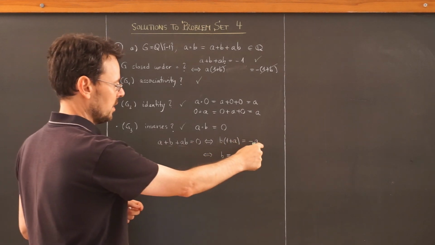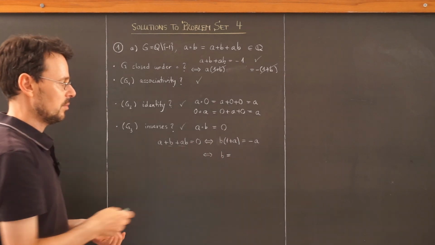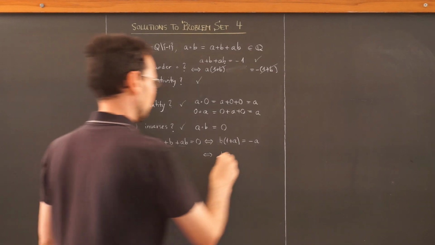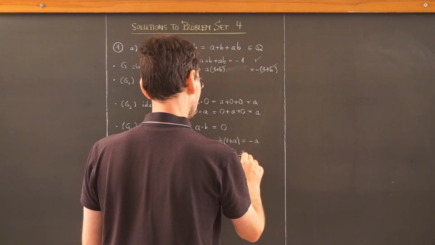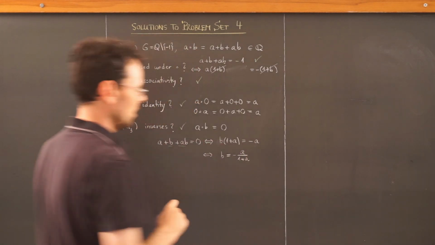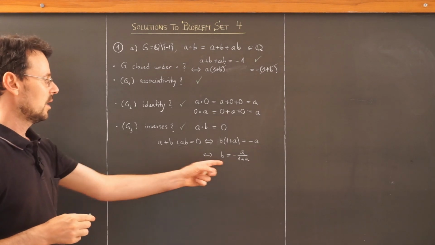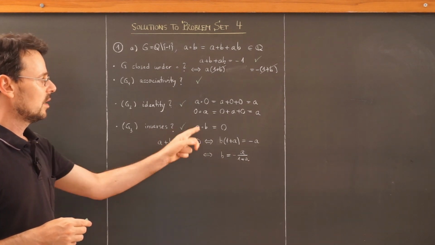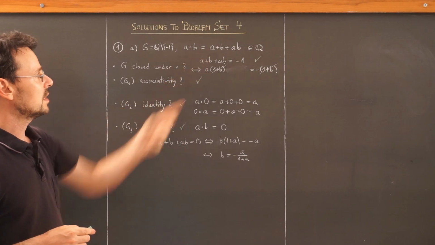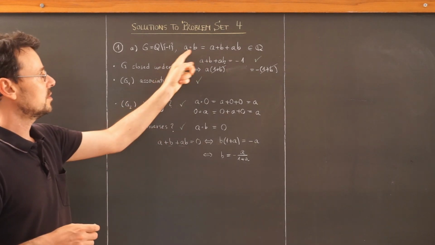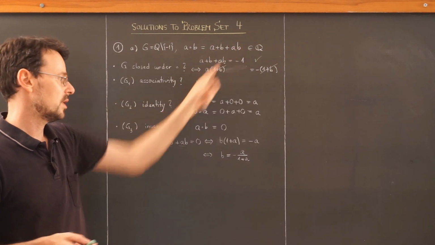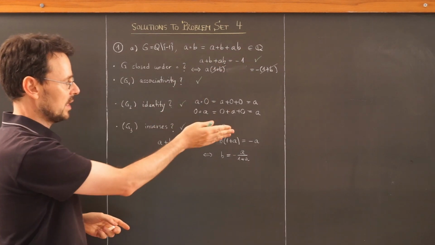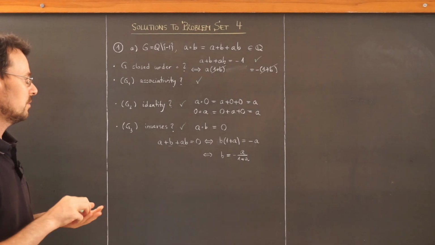Bring the a to the right-hand side, and now because a is not -1, I can divide by 1 plus a, so minus a divided by 1 plus a is indeed the inverse element. And obviously this is commutative, because if you interchange a and b, you get the same expression here. So this was actually not necessary because we have a commutative relation.